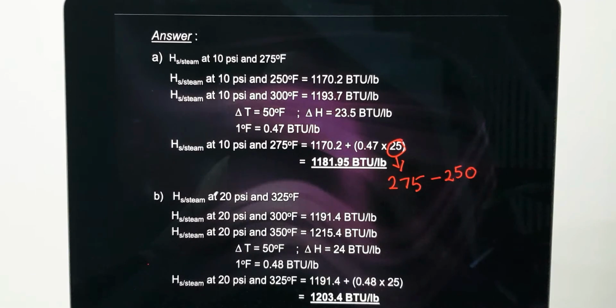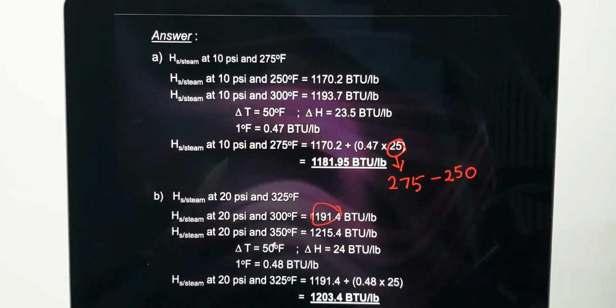For the following example, enthalpy of superheated steam at 20 psi and 325 degrees Fahrenheit. This particular value of enthalpy at 325 degrees Fahrenheit is located between 300 and 350 degrees Fahrenheit. The enthalpy for 300 Fahrenheit is 1191.4, whereas for 350 it is 1215.4 BTU per pound.